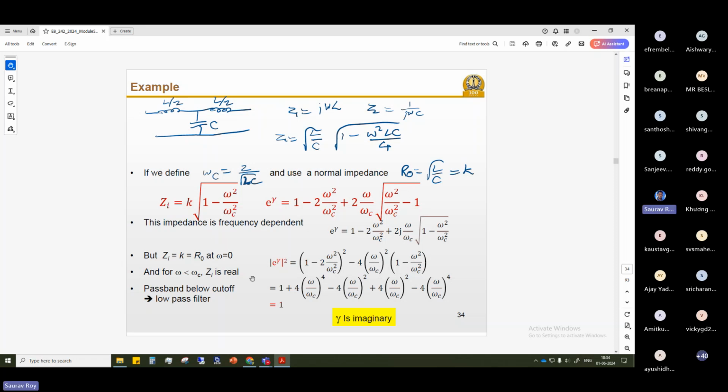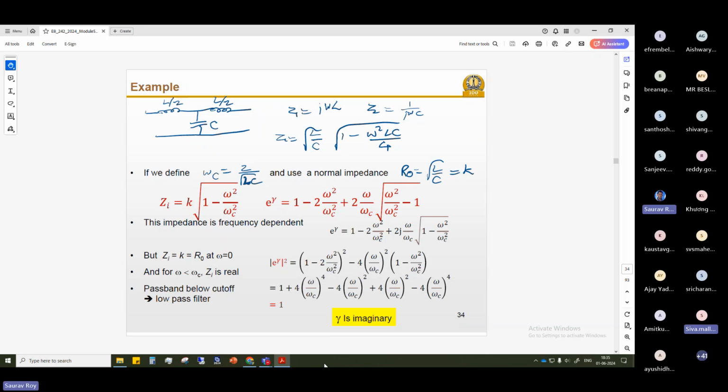Can anyone tell what will be the implication for real gamma and imaginary gamma? What will happen if gamma is real or gamma is imaginary? Is there any implication in microwave? Real says it's resistive, and imaginary says it's reactive.